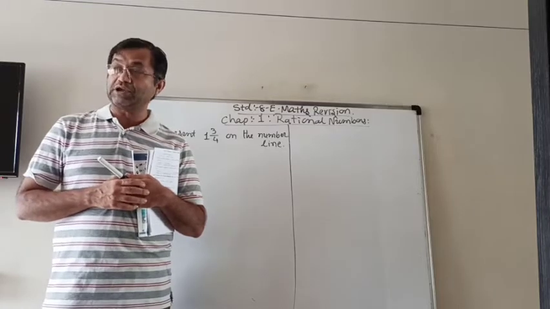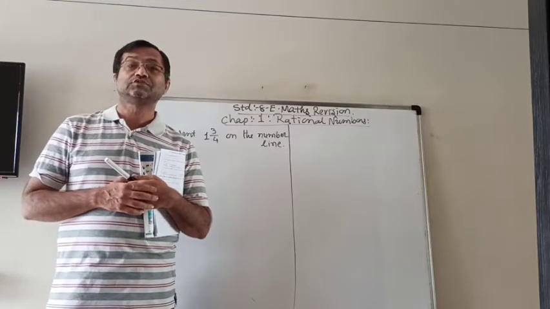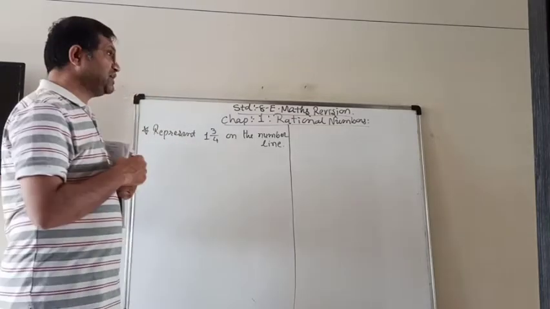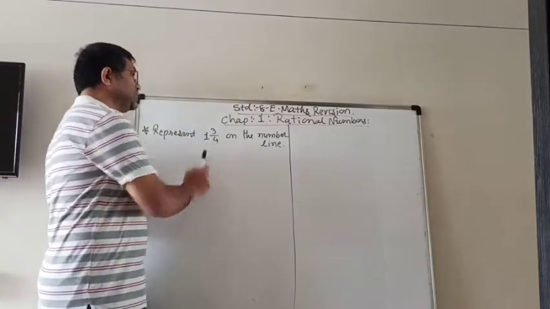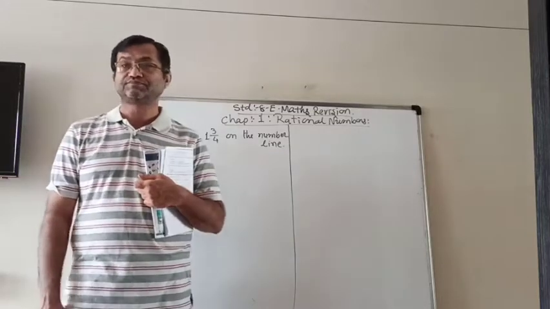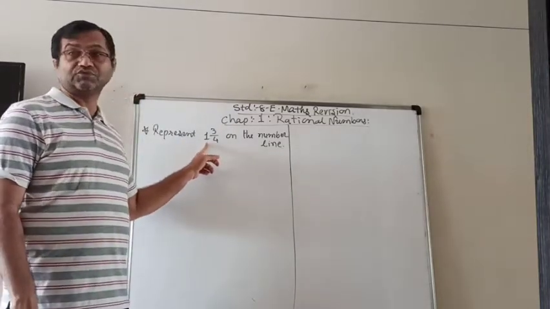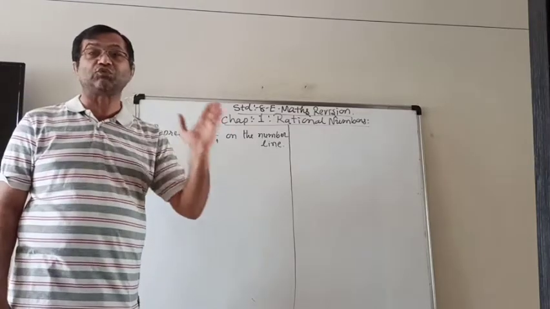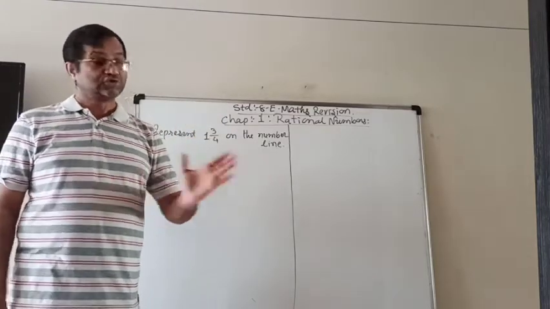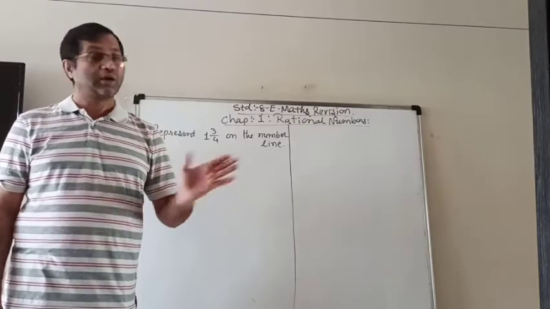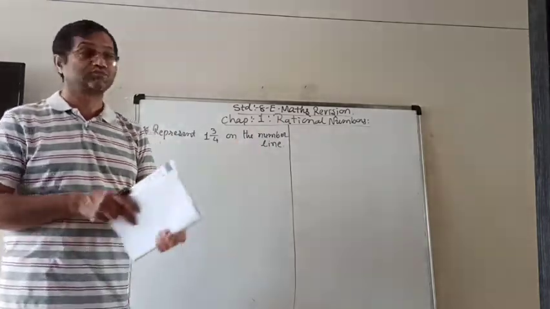Now every time it is not necessary to start from 0, because if it is a mixed fraction, then you know that it is greater than 1. So it lies between the two integers 1 and 2. So you can just take that part only between 1 and 2.